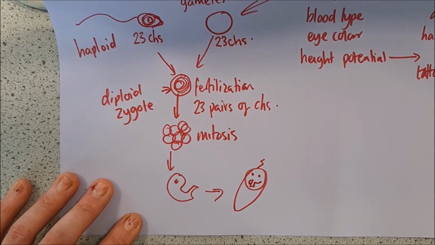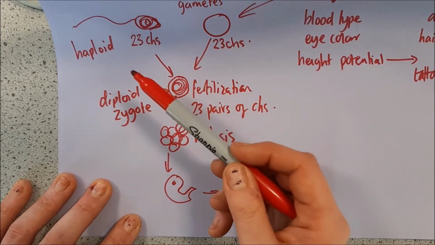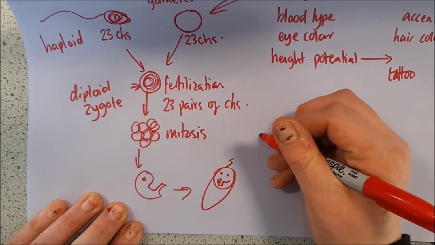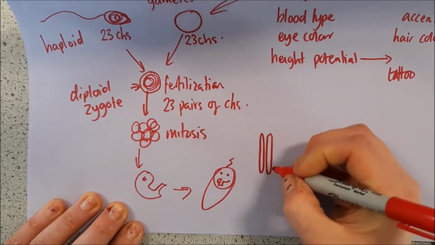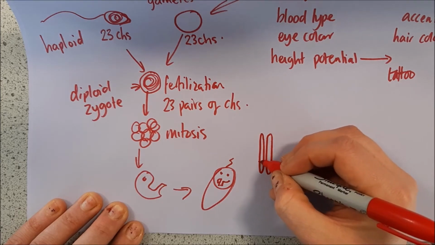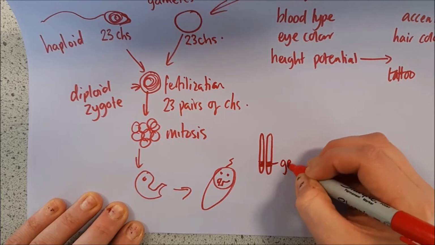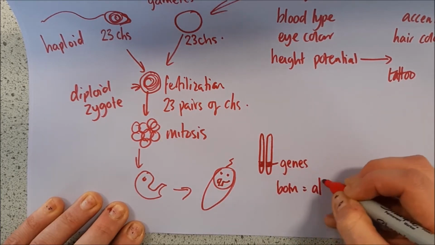Anyway, this baby will have inherited 23 chromosomes from mum and 23 chromosomes from dad, and each pair of chromosomes. So there's 23 pairs made up of wound up DNA. We'll have sections of DNA and they are called genes. And both forms of a gene are called alleles.